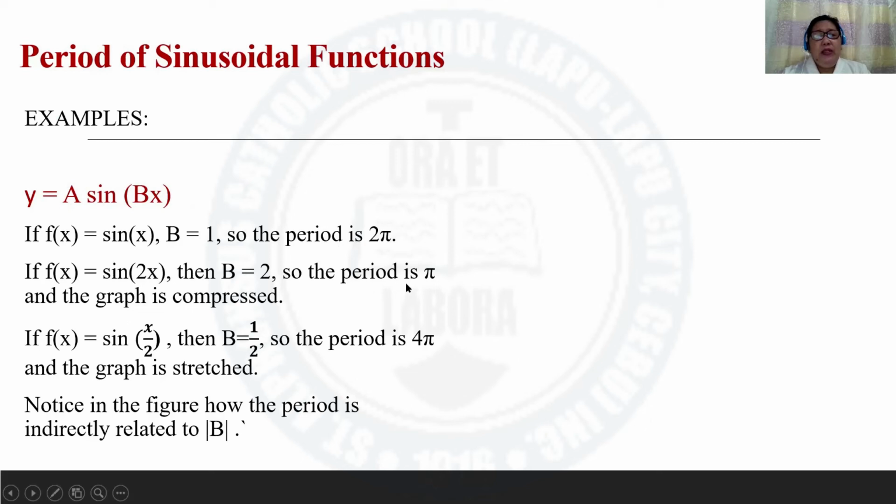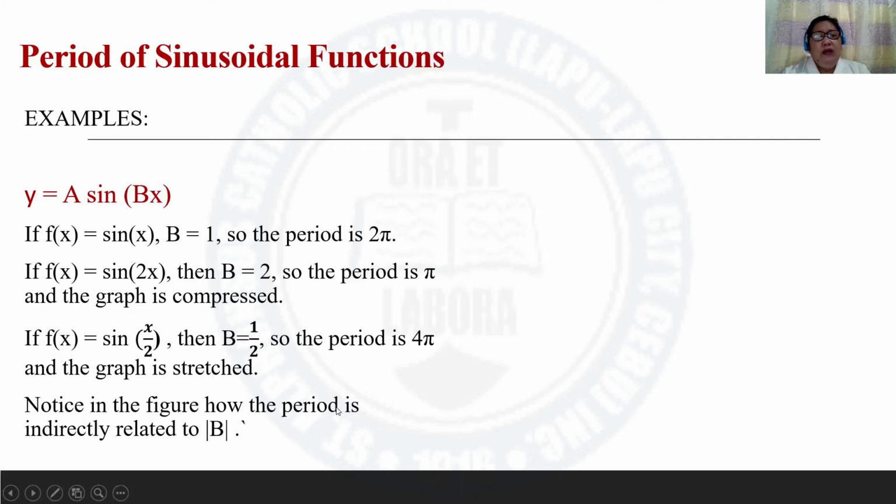So the period is pi, and the graph is compressed. If f of x is equal to sine x over 2, then b is equal to 1 half. So the period is 4 pi, and then the graph is stretched.